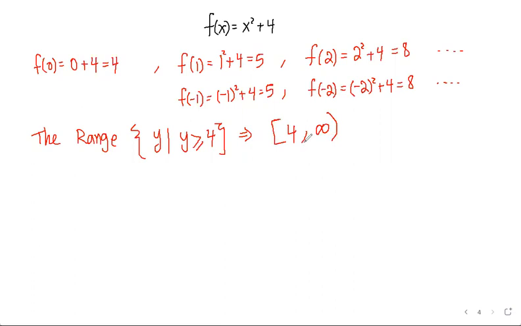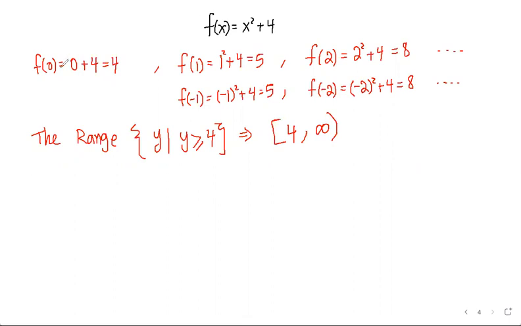Make sense? So now you know how to think about the range by plugging in numbers, plugging in the numbers that come from the domain. Any questions so far? How to think about the range?